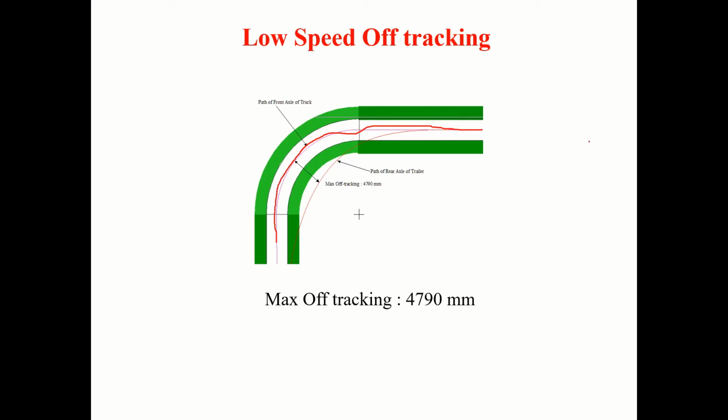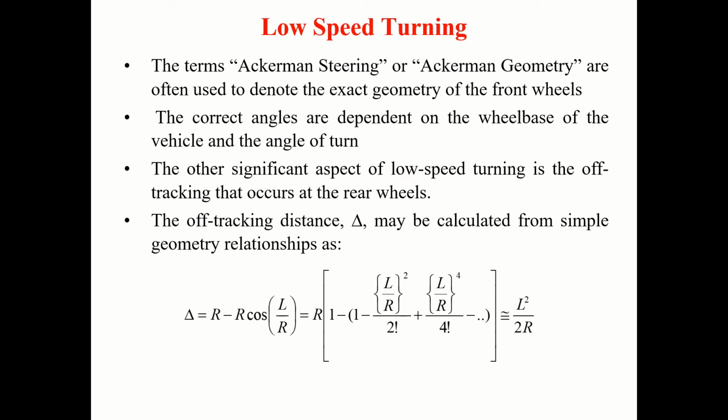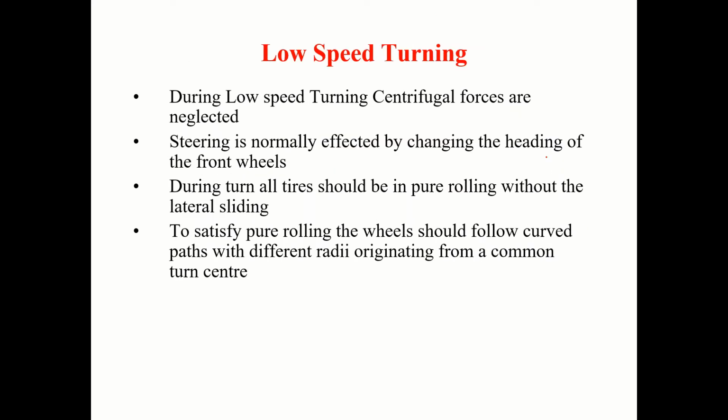What is its effect? Let us see. Low speed turning means to say complete absence of centrifugal forces, right? That is what we mean by low speed turning. We neglect centrifugal forces acting on the vehicle.